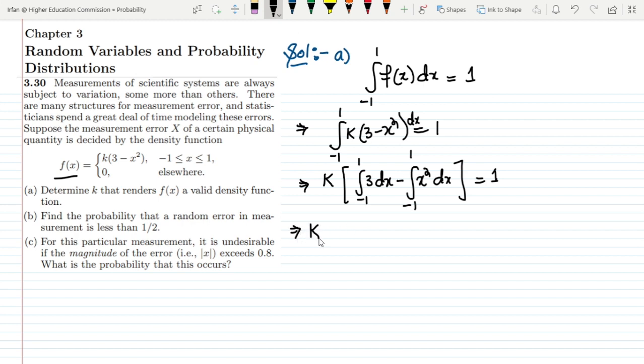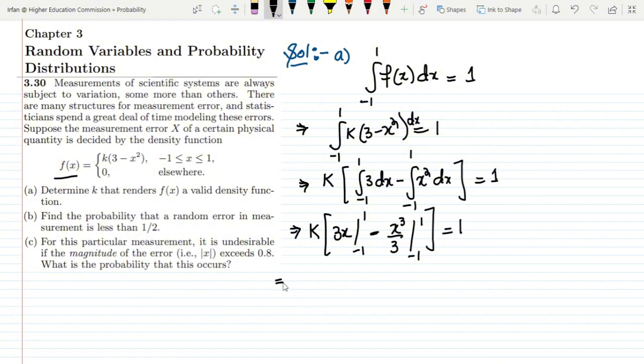I will get 3x from -1 to 1, and minus x cube divided by 3, because the exponent is increased by 1 and divided by the same, from -1 to 1, and it should be 1.